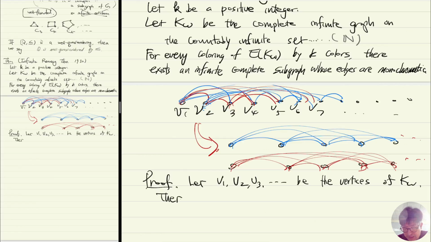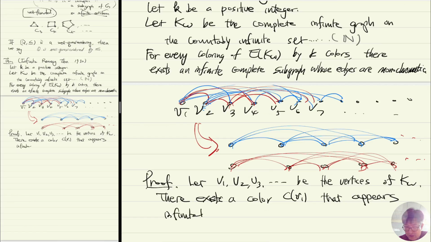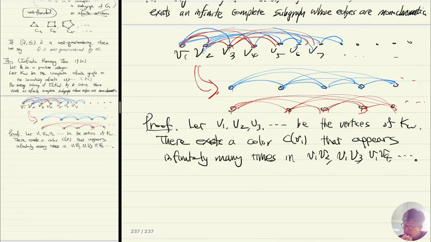So there exists a color c(v1) that appears infinitely many times among the edges v1v2, v1v3, v1v4, etc. All these edges, you have infinitely many edges, but the number of colors is finite. So among these infinitely many edges, one of the colors appears infinitely many times. So that's the color c(v1).